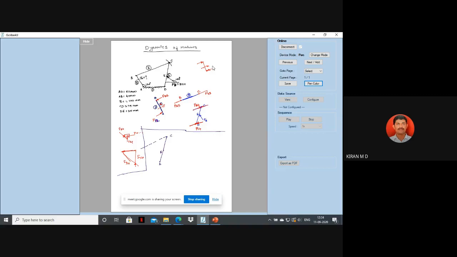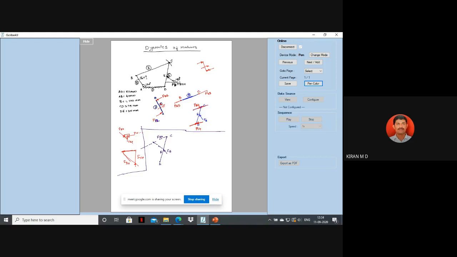Then we know the direction of this FE. From E, you draw the line in the same direction. This is the intersecting point. This is actually FE, and this is force F34.